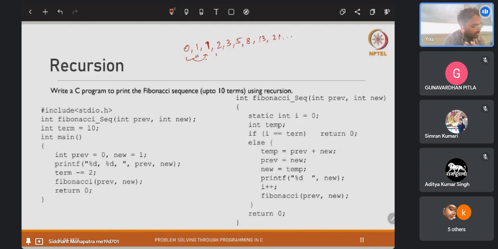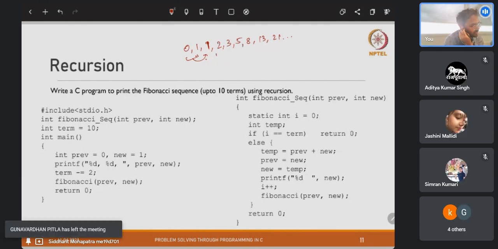So we have to calculate it up to 10 terms, and we have to use recursion. So I define a global variable term as 10, so that both the int main function as well as the recursion function can access this.